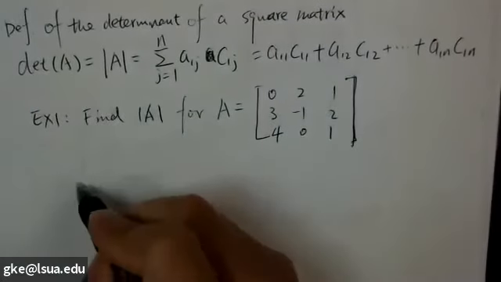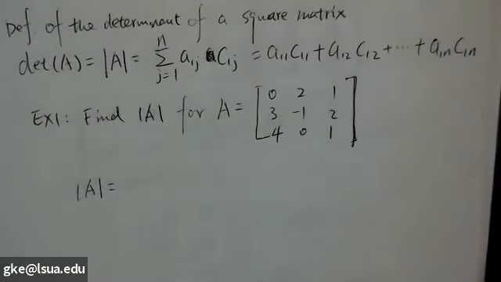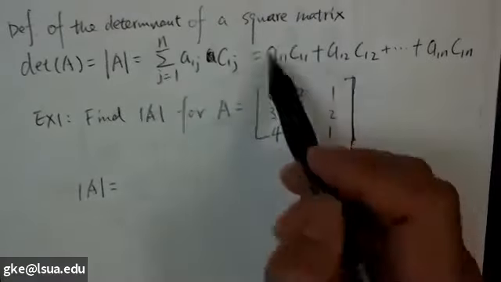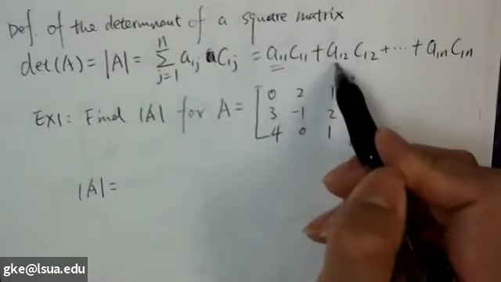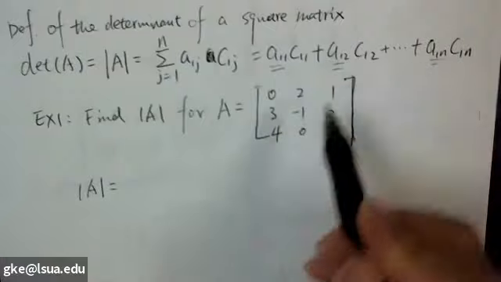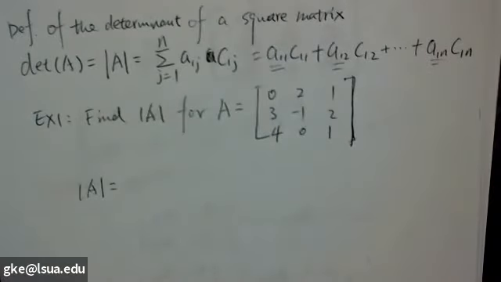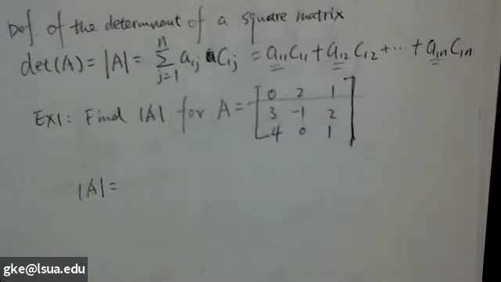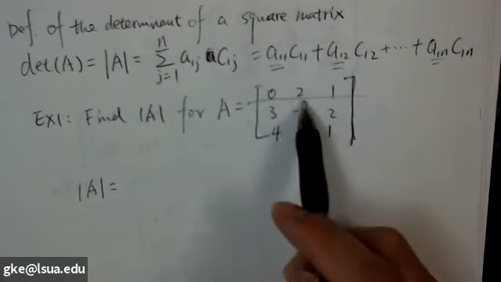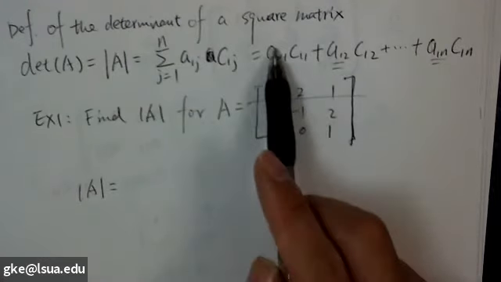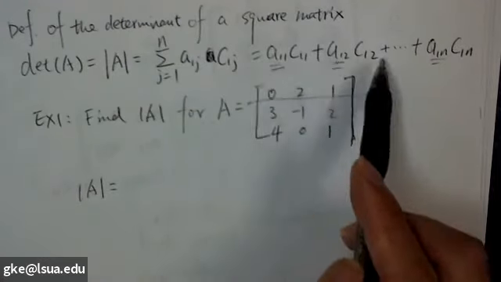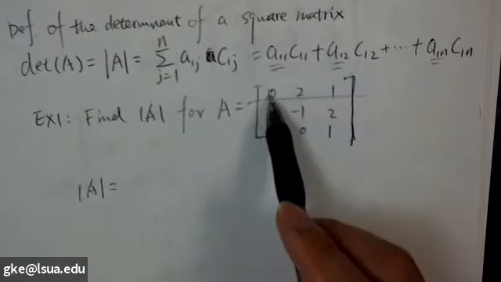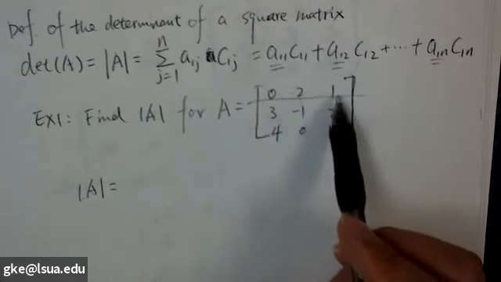Now let's follow the definition. The definition is about A11, A12 until A1n, so we expand the matrix according to the first row. Here we have A11, A12, A13, right?